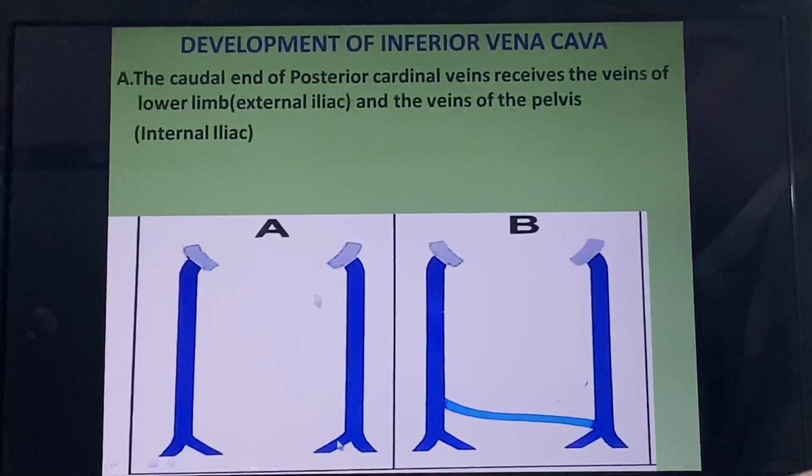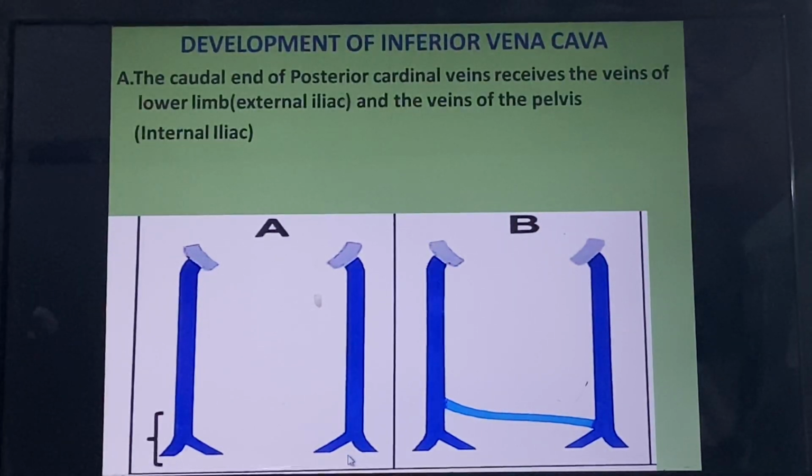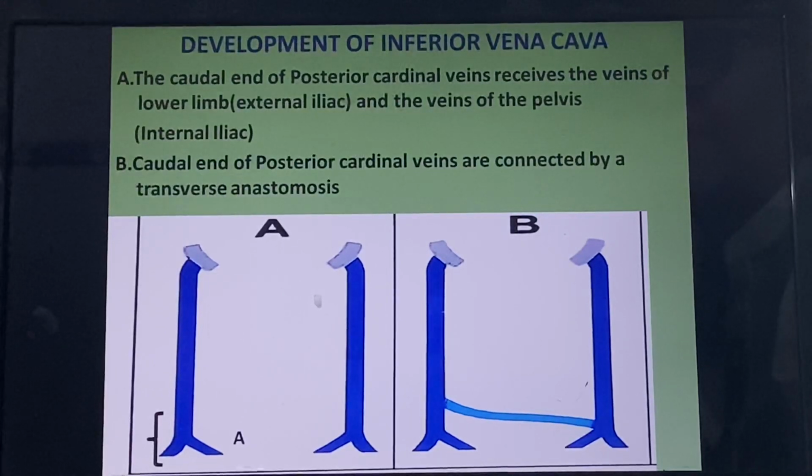You can see in the diagram it is receiving these two veins. The caudal ends of the posterior cardinal veins are connected by the transverse anastomosis, you can see in diagram B.